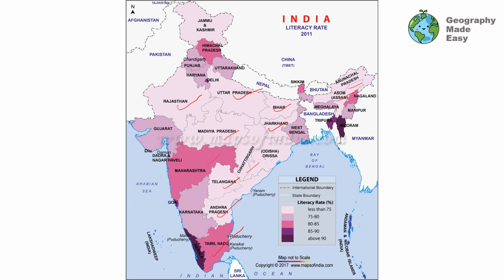Excellent literacy rates are seen in Mizoram, and Tripura is doing better at 85 to 90, and in Kerala. Very high literacy rates are seen in these areas. And this literacy rate can be directly related with the sex composition, the number of females and males in a particular area. We'll come into that.